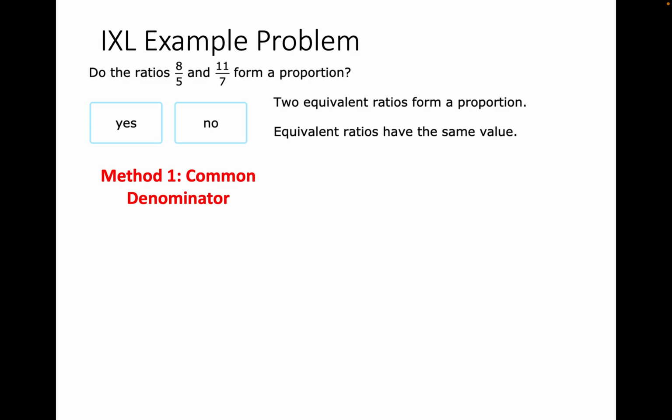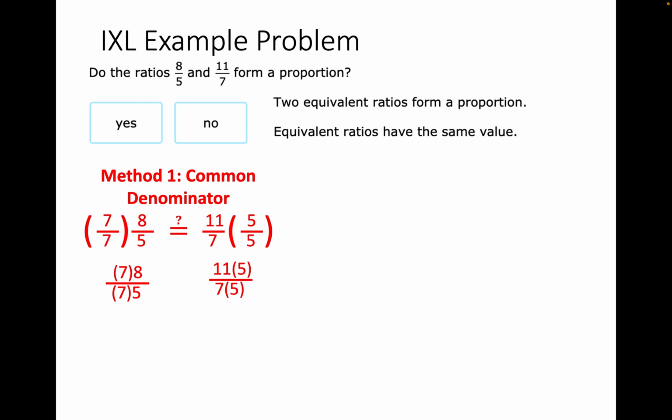So the first thing I could do is put them to have a common denominator, and then I can compare the numerators. So are those equal? Again, if I multiply the one on the left by 7 over 7 and the one on the right by 5 over 5, that's going to give me a common denominator of 7 times 5, 35, on the bottom. So when I do this out, are these two things equivalent? 7 times 8 is going to be 56, and 7 times 5 is 35.